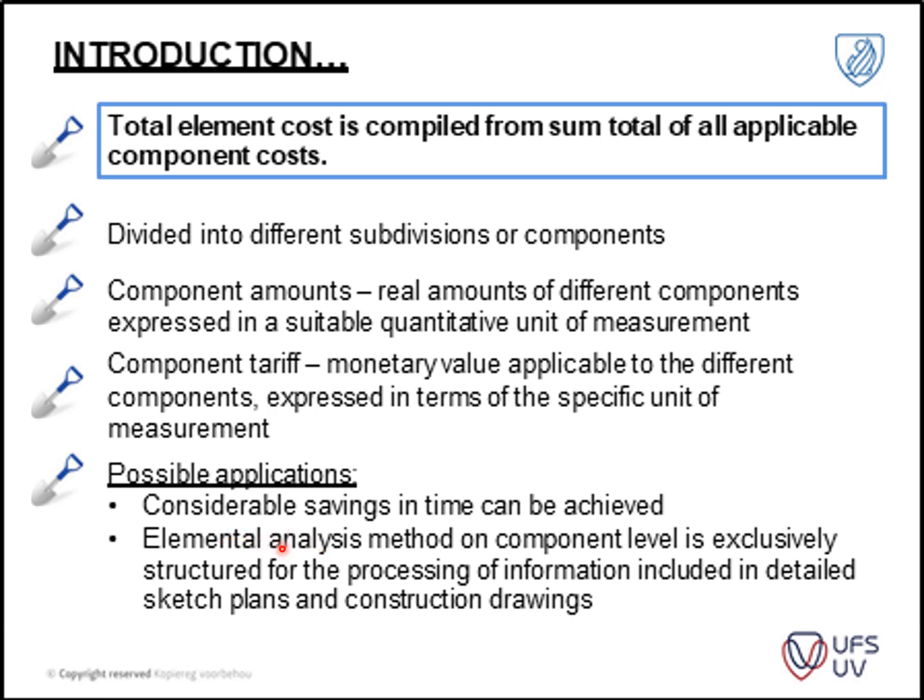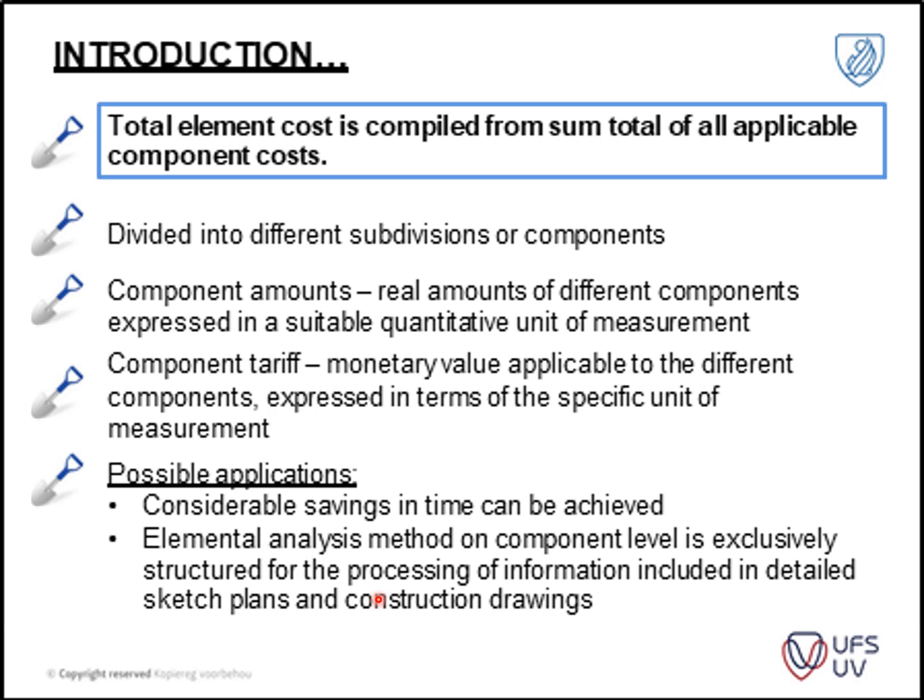Considerable savings in time can be achieved if you have a proper setup. I'm going to share an example with you on Excel that you can use whenever. WinQS also has a nice example that you can use, which already has the necessary links, but some of you might not have the opportunity to download WinQS.